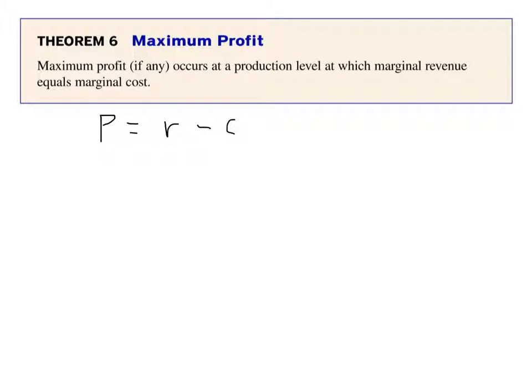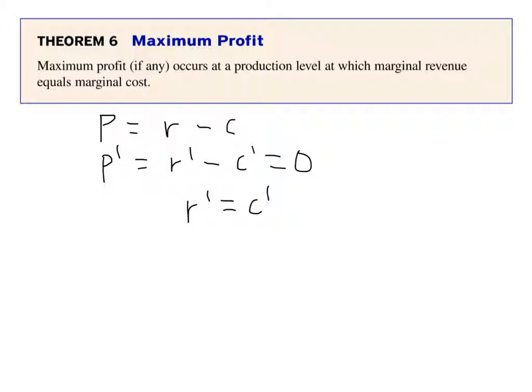So if we did P prime is equal to R prime, the derivative of revenue, which is marginal revenue, minus the derivative of cost, which is marginal cost, and we want to set this equal to 0, then we can say that R prime must equal C prime, or marginal revenue must equal the marginal cost.